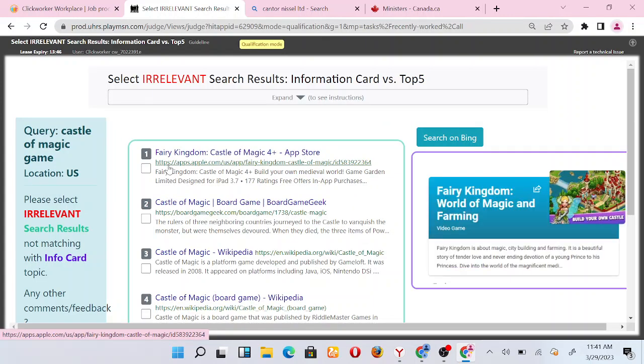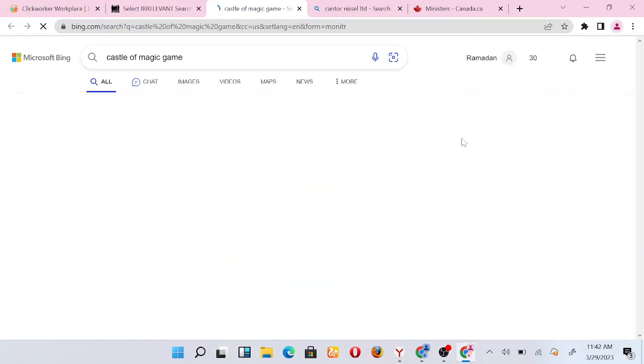Fairy Kingdom Castle. Fairy Kingdom Castle. Now this is talking about Fairy Kingdom Castle Magic. So it's Castle Magic game, Castle Magic. Let's see Fairy Kingdom.